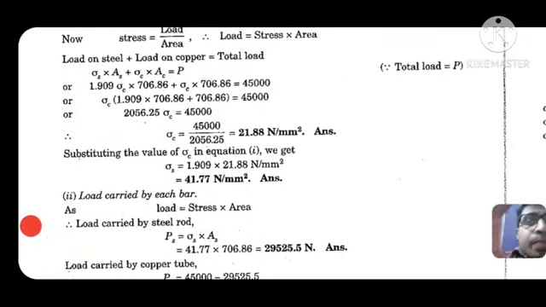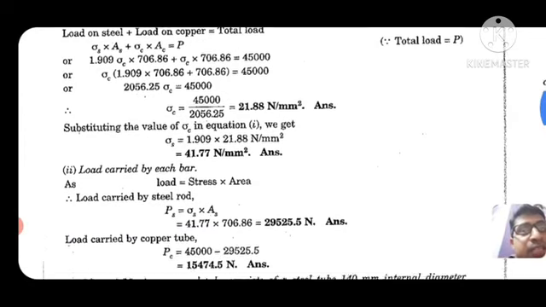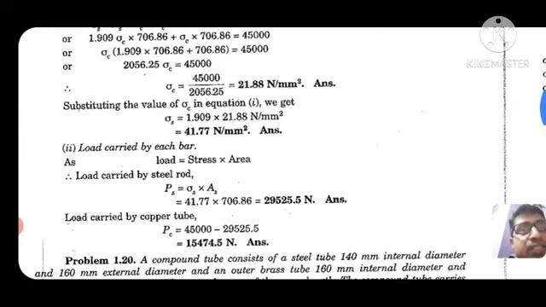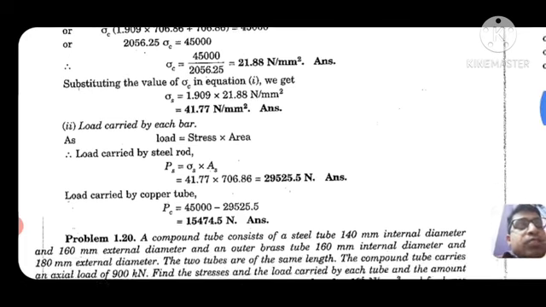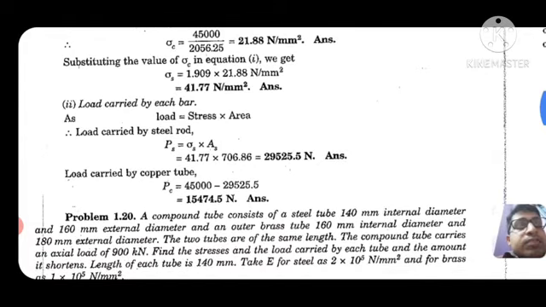Now sigma C, that is equal to 1.909 into 706.86 plus 706.86, that is equal to 45000. So after calculating, 2056.25 sigma C is equal to 45000. Sigma C equal to 21.88 Newton per millimeter square.